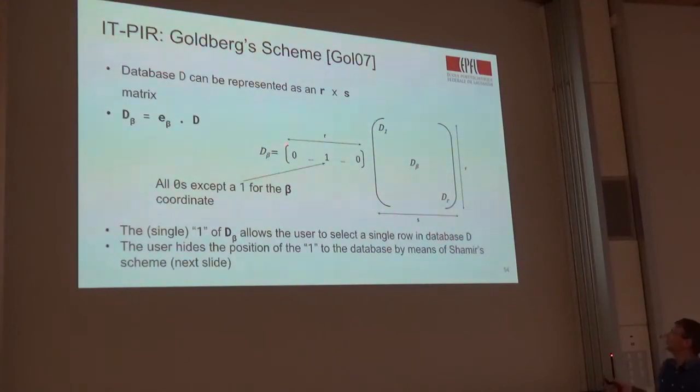So you send your vector to the server, who multiplies the matrix with your vector, sums everything, and sends it back to you. Now, because you have zeros for all the D1 to DR except D beta, if you sum up all the films you're not interested in, they will just be zeros. And you will only have the film you're interested in.